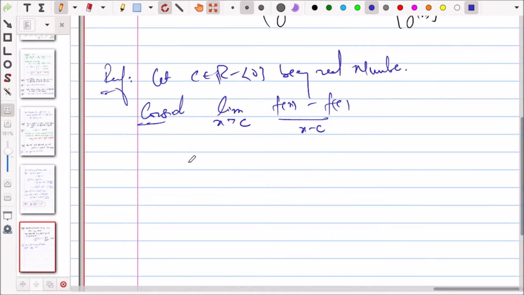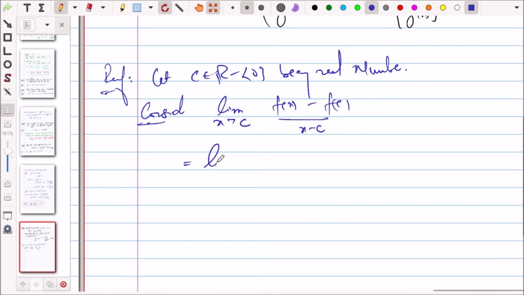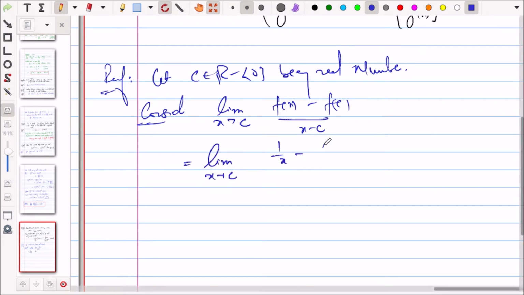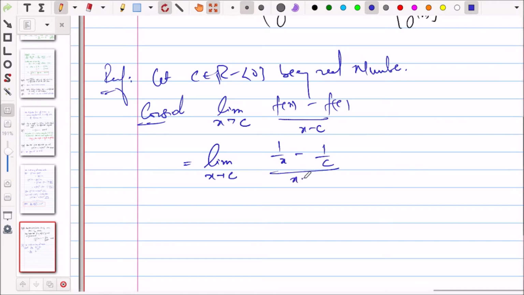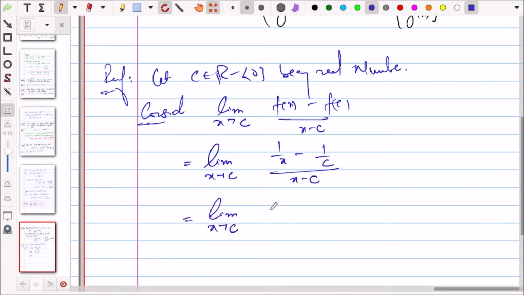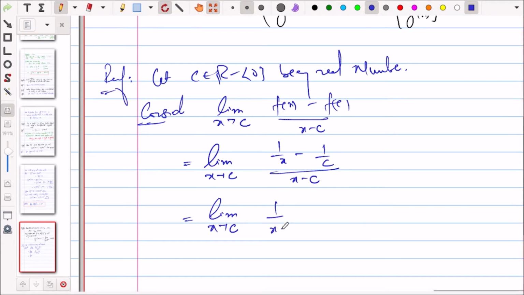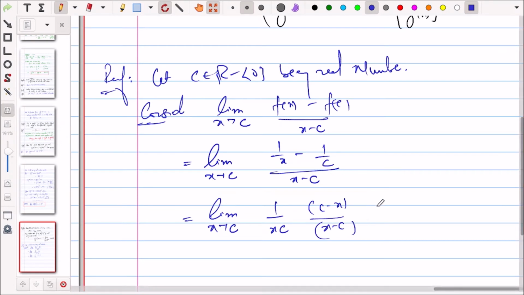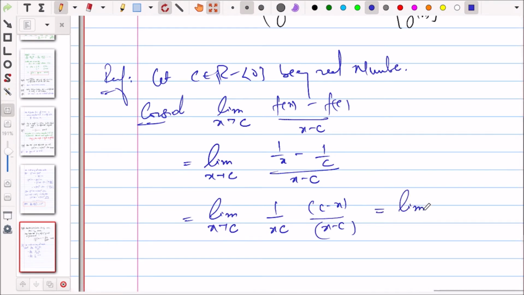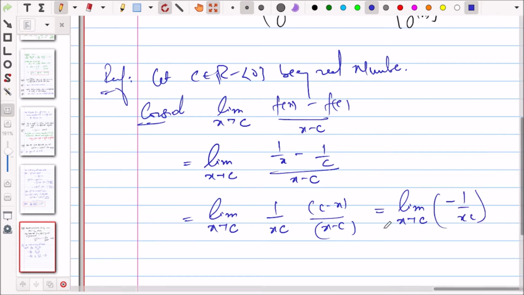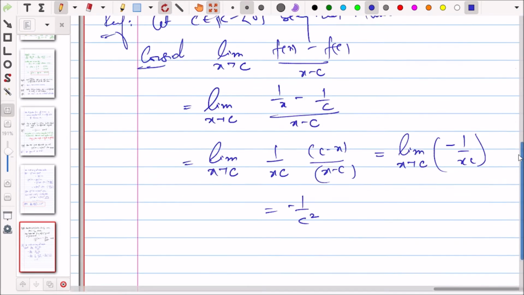So this is the limit x tends to c of 1 by x minus 1 by c upon x minus c. So this is limit x tends to c, क्या आ जाएगा, 1 by x c into c minus x upon x minus c. So this is limit x tends to c of minus 1 by x c.